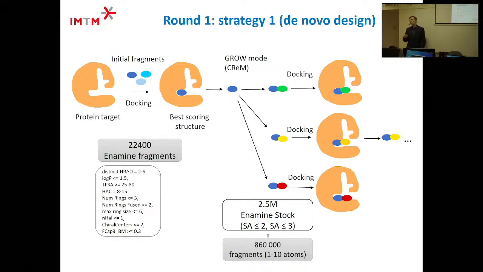So we took these 2.5 million compounds available in stock from Enamine and fragmented them extensively. We also limited the synthetic accessibility score of those compounds, to be on the safe side, to generate more synthetically feasible molecules as output, and the whole size of the database was up to 1 million fragments. And this procedure was repeated multiple times iteratively to get final outputs.